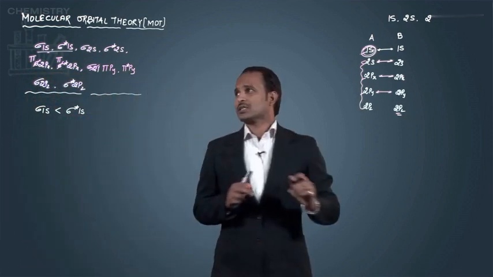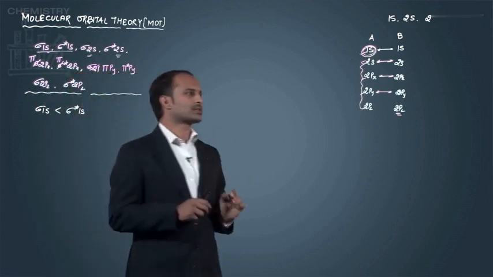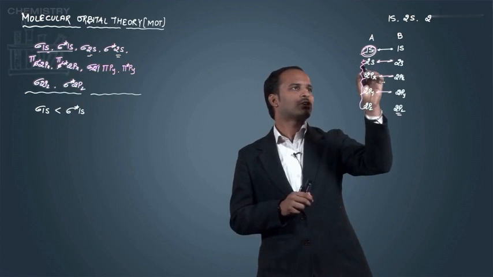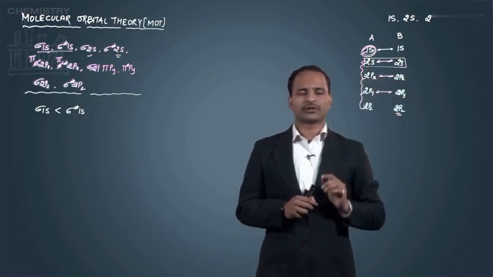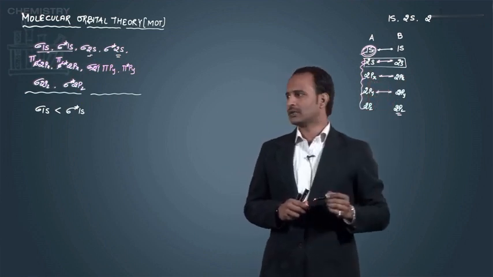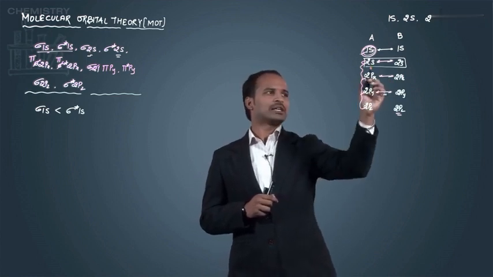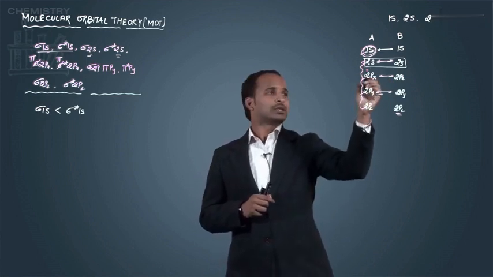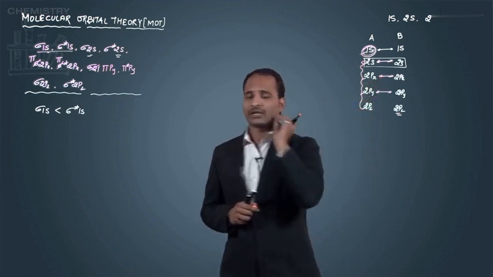After this we have the molecular orbitals formed from the 2s, that is sigma 2s and sigma star 2s. Since the energy of the 2s orbital is less than the 2p orbitals, that is 2px, 2py and 2pz, the energy of the molecular orbitals from 2s will be less than the molecular orbitals from 2px, 2py and 2pz.